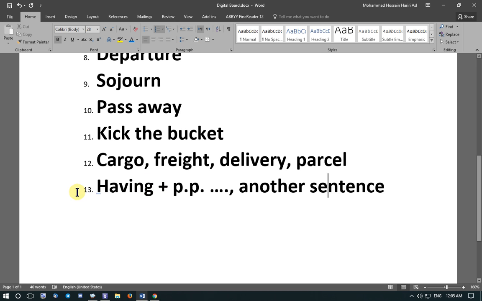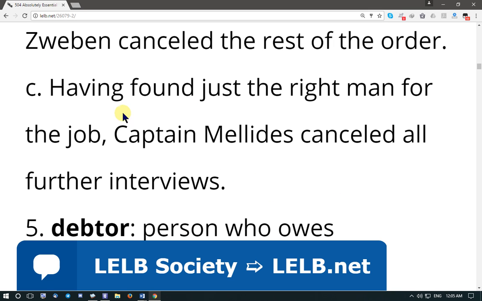It means at first this and then this. Now let me explain it to you. Having found, or after finding, you can say after finding the right man for the job, this one actually happens first, and then Captain Mellider cancelled the other interviews.